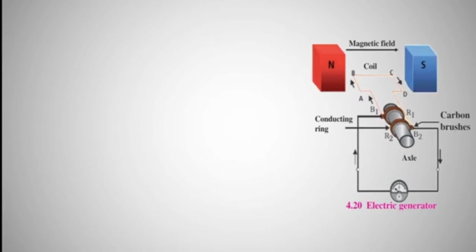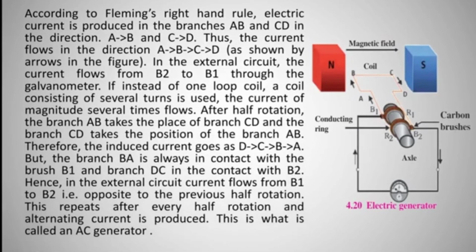According to Fleming's right-hand rule, electric current is produced in the branches AB and CD in the direction A to B and C to D. Thus, the current flows in the direction A to B, B to C and C to D, as shown by the arrows in the figure. In the external circuit, the current flows from B2 to B1 through the galvanometer.